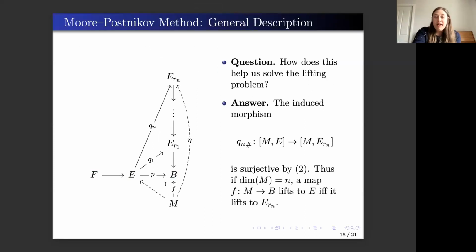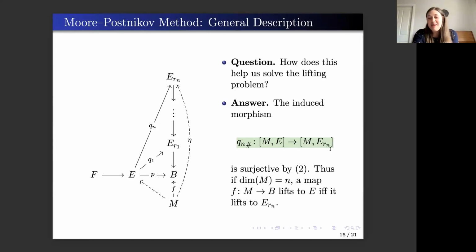Well, by the second criterion, if we look at the induced morphism of Qn, a map from E to E_n, where n is the dimension of this manifold M, we required it to be an n-equivalence, which means that it's bijective through degree n-1 in homotopy and then surjective in dimension n. And it's just a basic homotopy theory fact that this implies that the morphism Qn hash, where we're homming out of M, is now surjective.